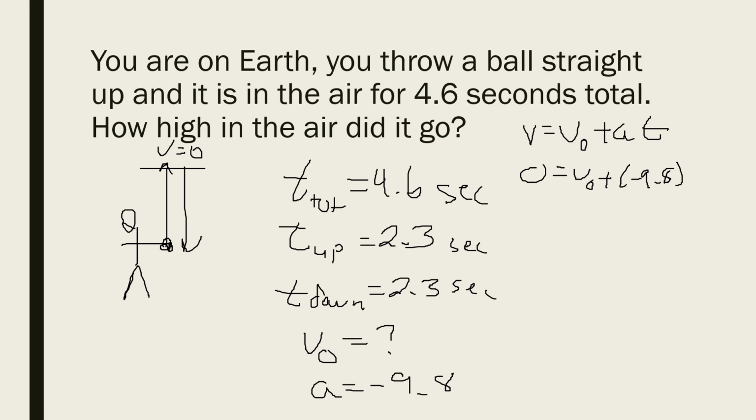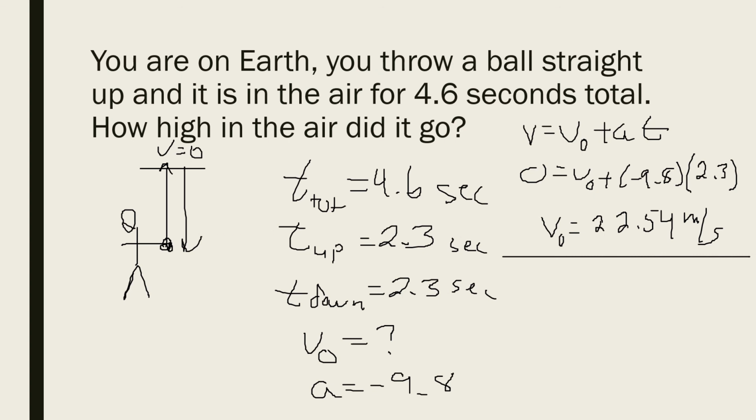T up corresponds to a V of 0. 2.3. Negative 9.8 times 2.3. I'm skipping some algebra because I think you get it now. V naught is 22.54. The reason I'm skipping the algebra is because I want to get right to the equation.